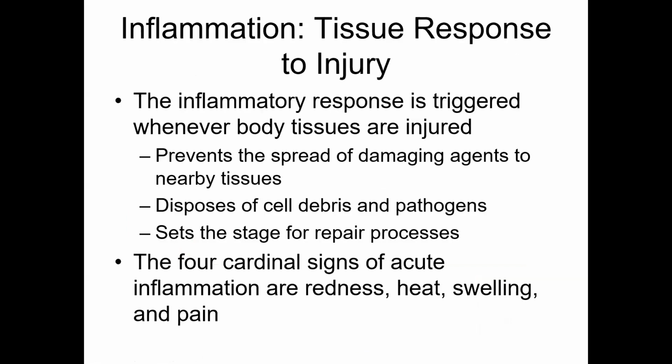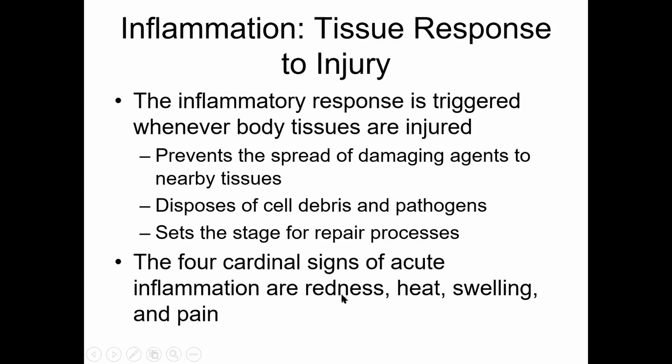Okay, the third mechanism of the second line of defense is called inflammation. This process is listed in your book on page 786. There are 4 cardinal signs associated with inflammation. They are redness, heat, swelling, and pain.